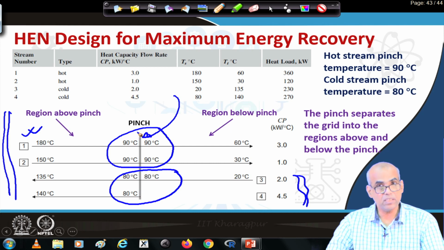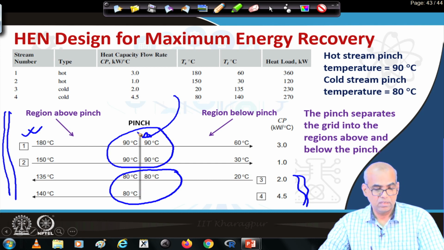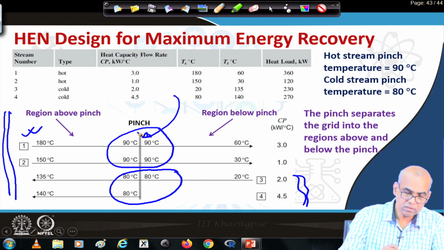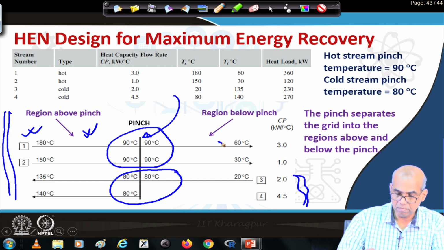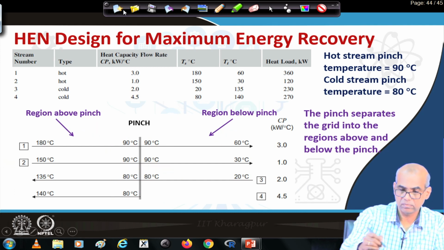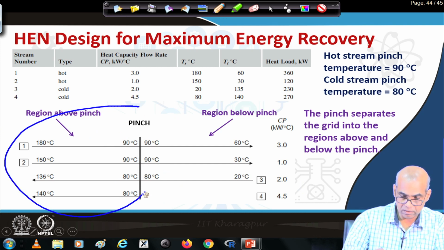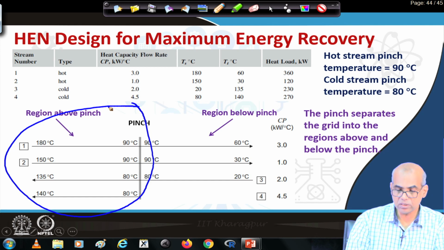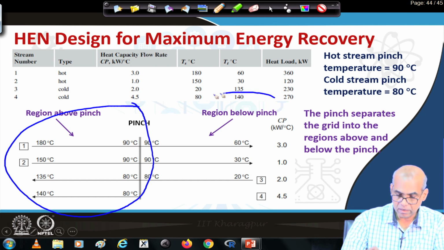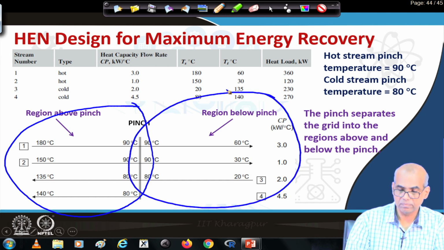So, the pinch separates the grid into two regions, region above pinch and region below pinch.